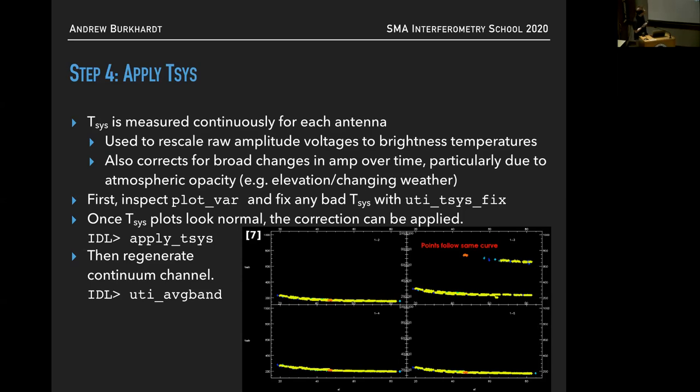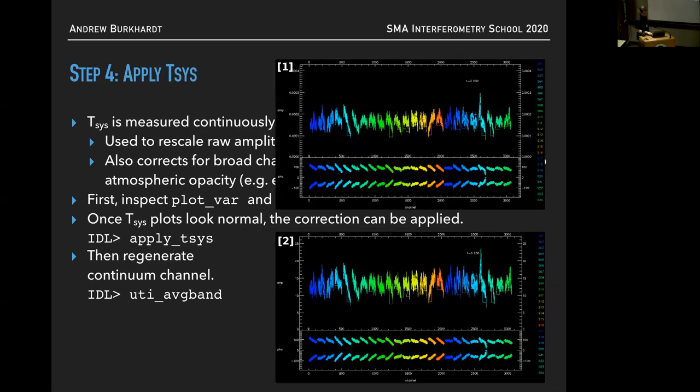The first thing you have to do is the plot var and try to see if there are any bad TSYS values as you're looking across. If there are any weird ones, there's a nice little routine here called UVTSYS fix. It'll try its best to find abnormal features that are not smoothly going across. Then once the TSYS plots look fairly normal, the correction can be applied, and it's just apply TSYS.